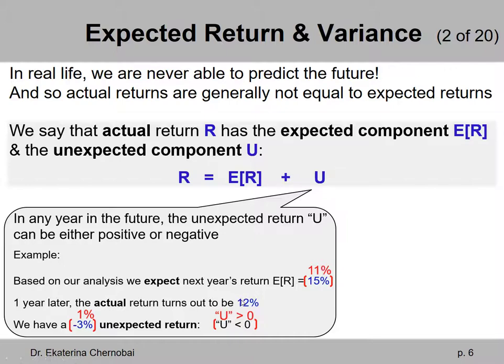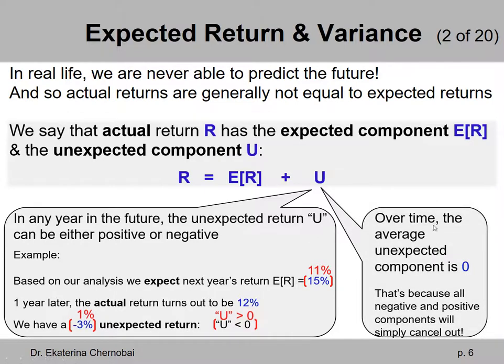So we did better by 1%. We did 1% better than we thought we would. So we have the unexpected return component equal to 1%, which is positive. So positive means we did better than we expected. Negative means we did worse than we expected.